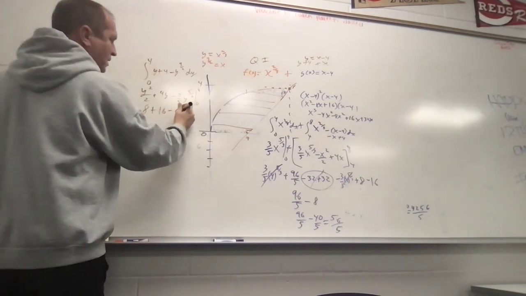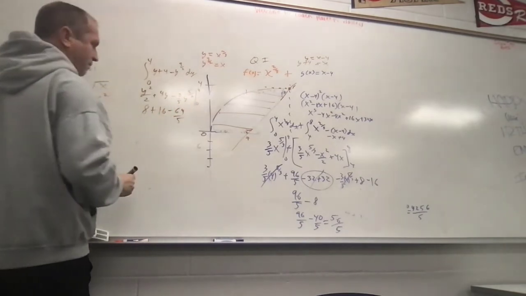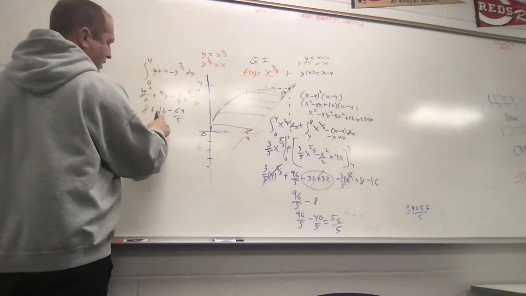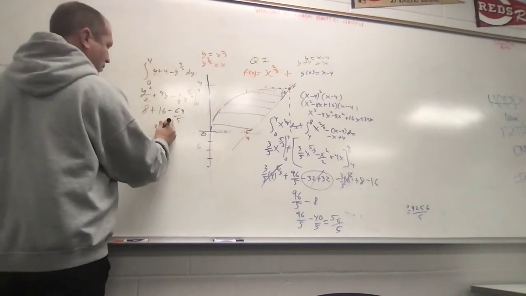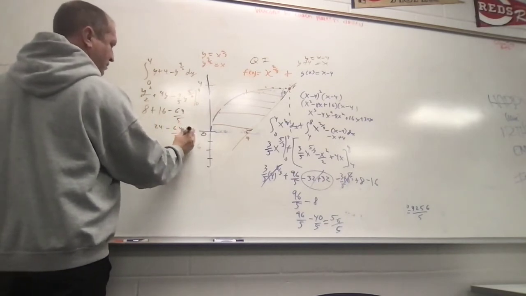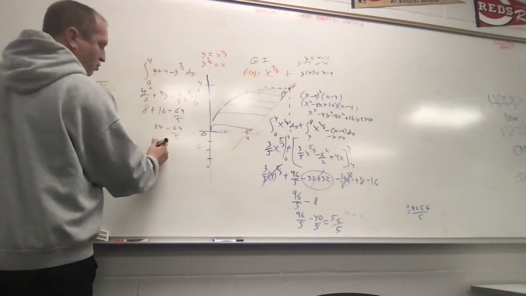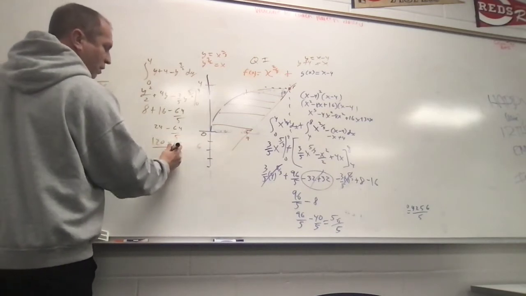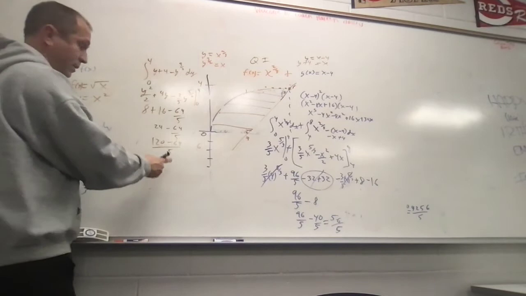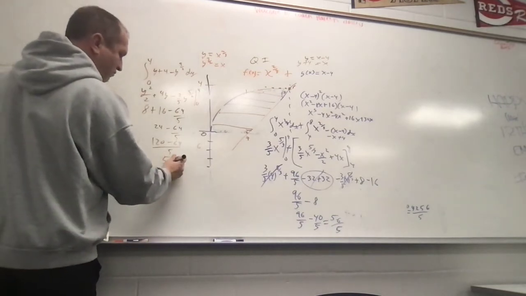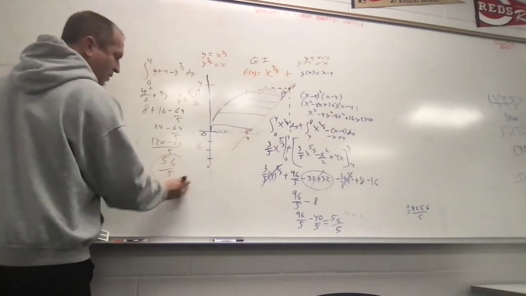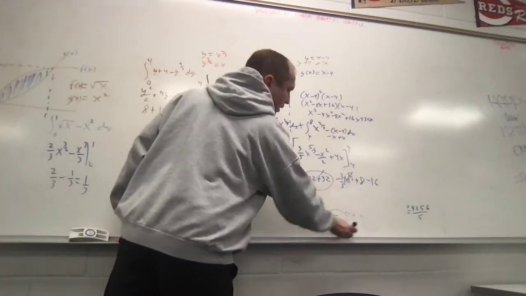So it's going to be minus 64 fifths. So we have 8 plus 16 is 24, minus 64 fifths. This would be 120 minus 64 over 5 with the common denominator. So what do we get? We get 56 fifths, the same exact answer we got before.